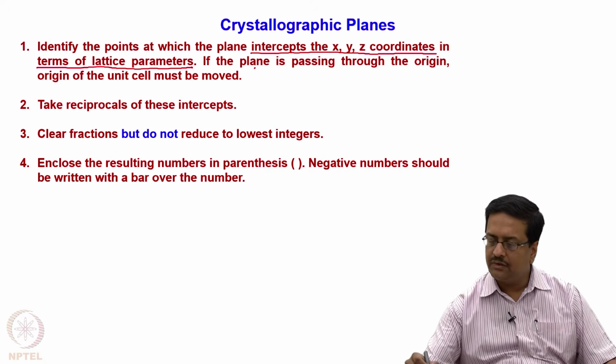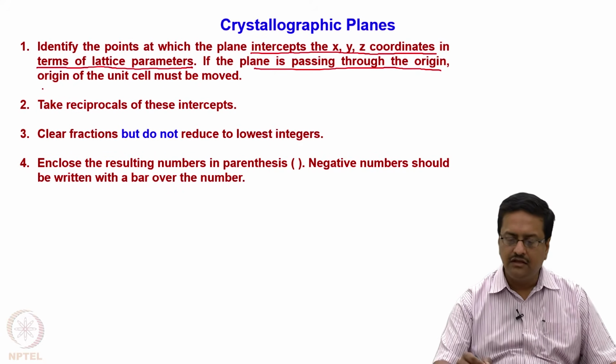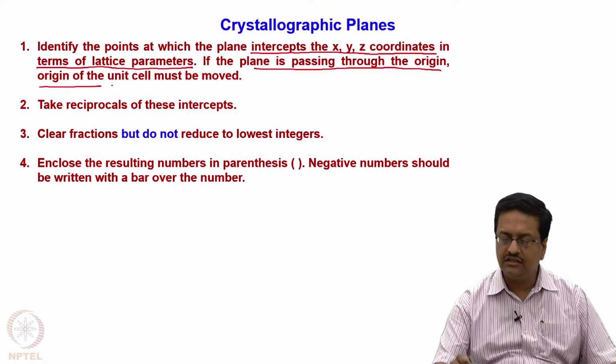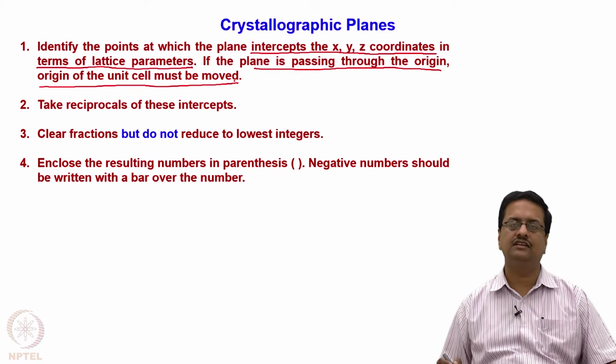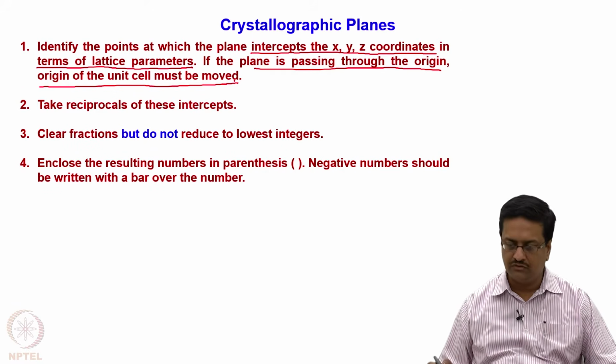If the plane is passing through the origin, the origin of the unit cell must be moved to a suitable position such that the origin does not coincide with the plane anymore.